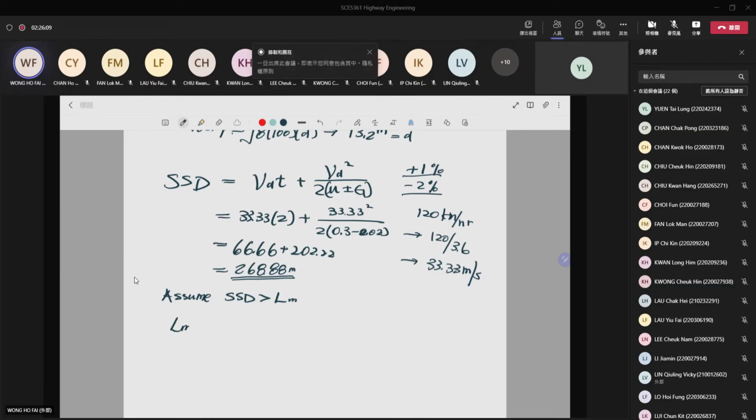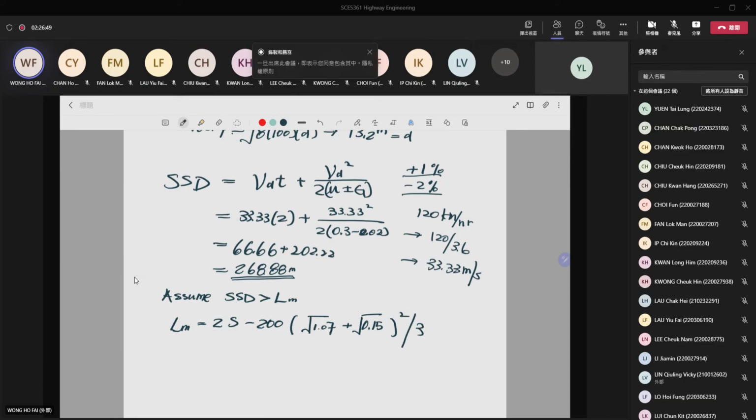So I will use this equation, 2S minus 200 times the square root of the value. As I mentioned, we will use the AASHTO criteria, so I substitute h1 is equal to 1.07 meter, while h2 is equal to 0.15 meter, that means 150 mm, squared, divided by A. A is the algebraic difference. One is 1%, the other one is -2, so the difference between the two gradients is equal to 3.